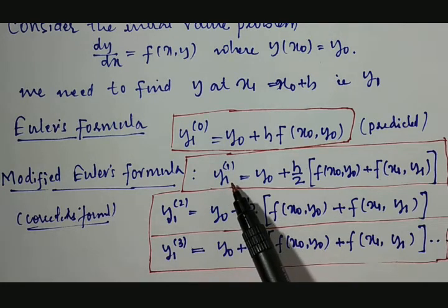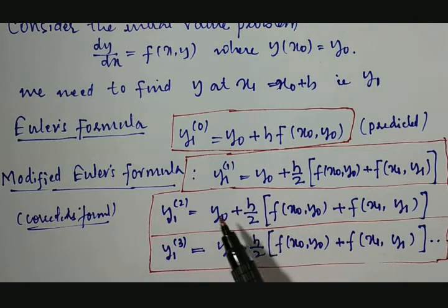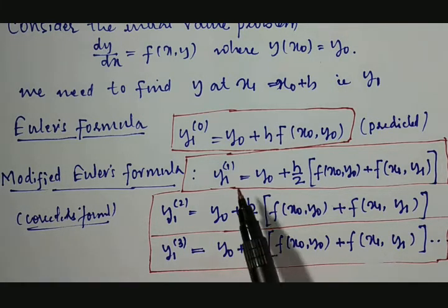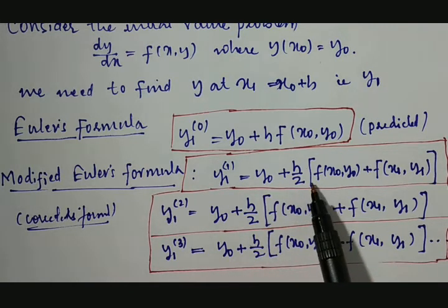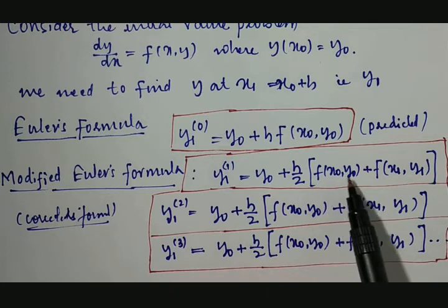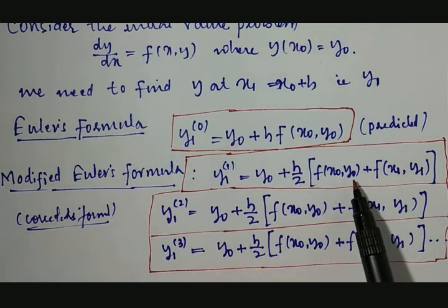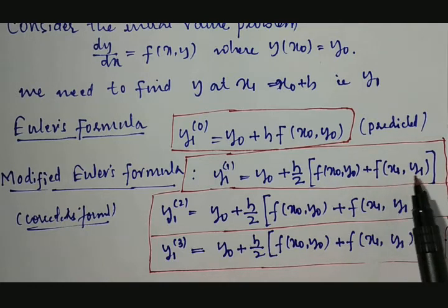Here it is first value of y1, here it will be second value of y1, third value of y1. So first value of y1 will be considered as y0 plus h by 2 into f of x0 comma y0 plus f of x1 comma y1.